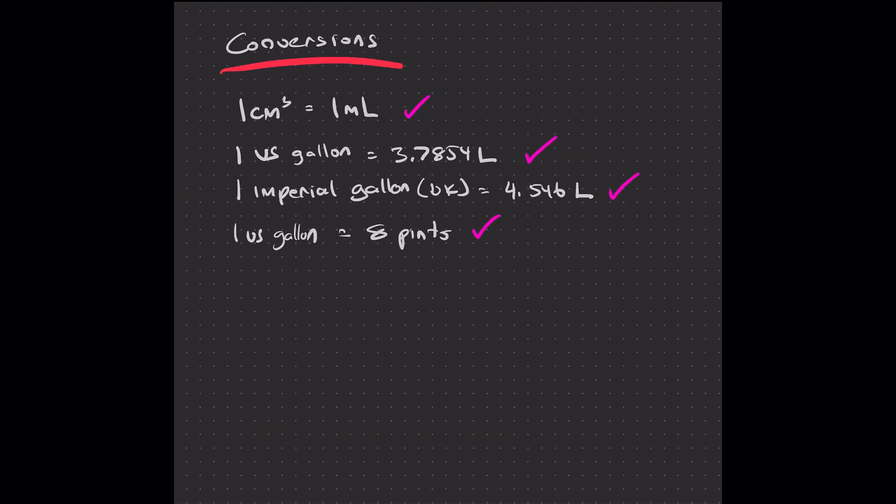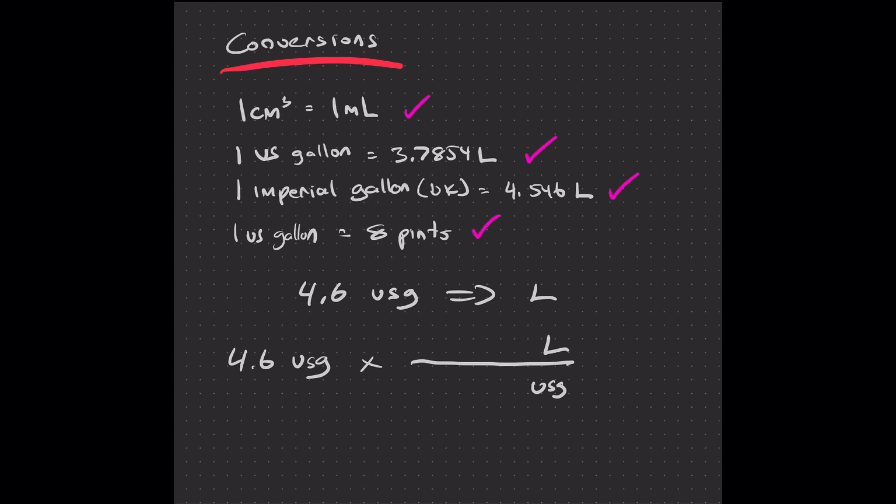So for example, if I'm taking 4.6 US gallons and I want to convert that into liters, we're just going to take our 4.6 US gallons and multiply that by a conversion rate, putting US gallons on the bottom, liters on the top, and we know that 1 US gallon is equal to 3.7854 liters.